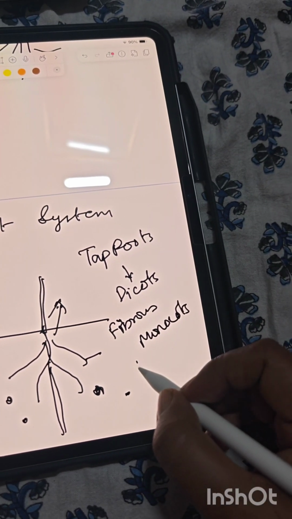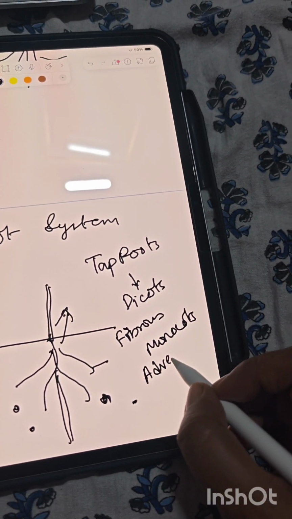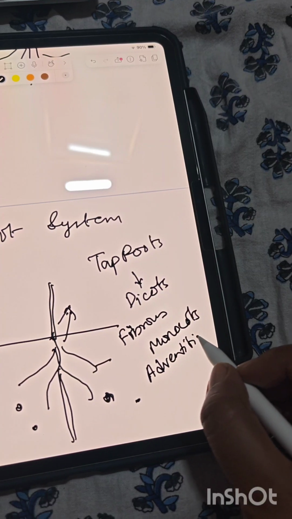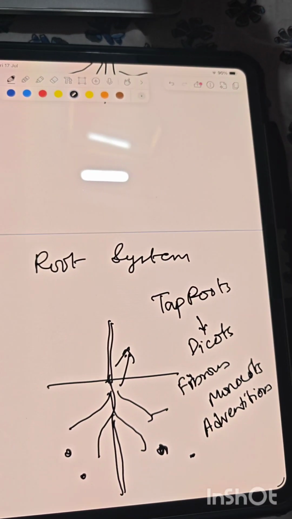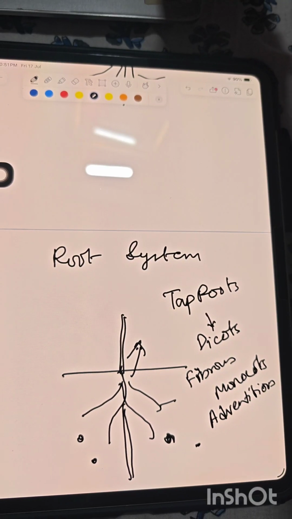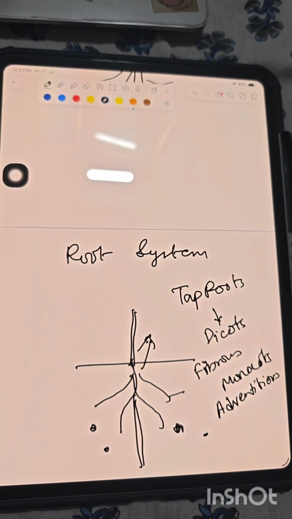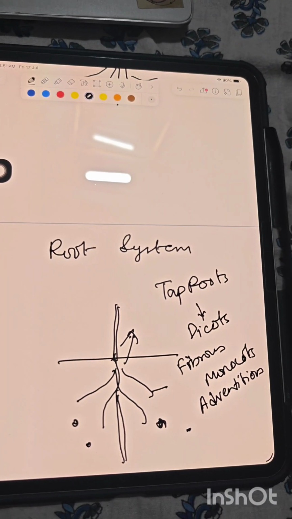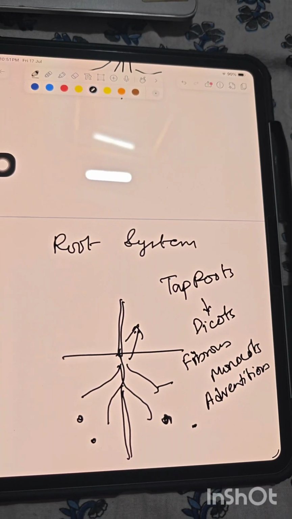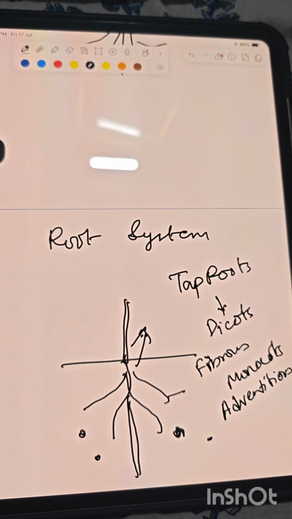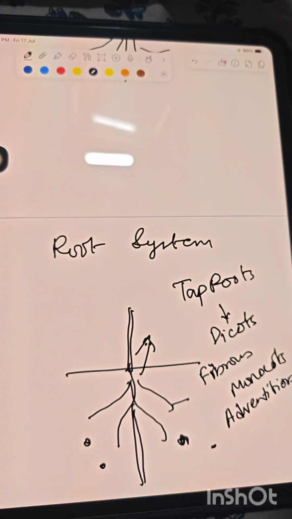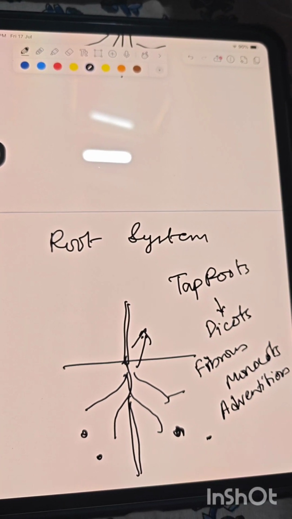And the last is adventitious, which is also very common in monocots, grasses. Examples: mango for taproot, wheat for fibrous, and for prop roots it is the banyan. So there are different forms of root types.